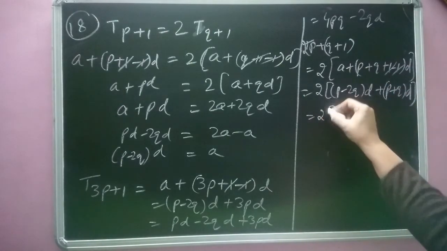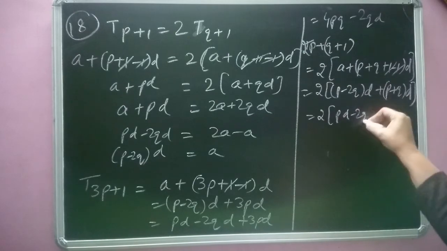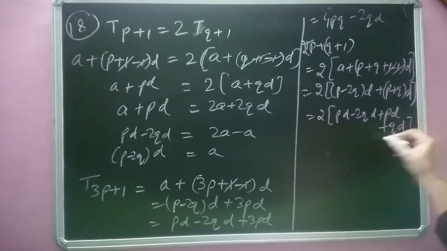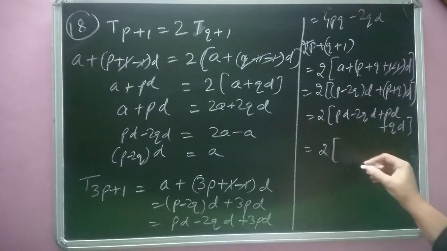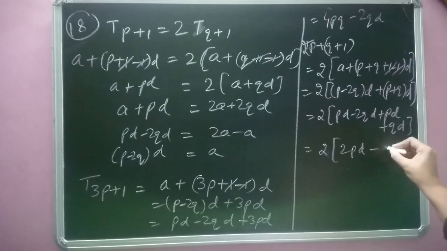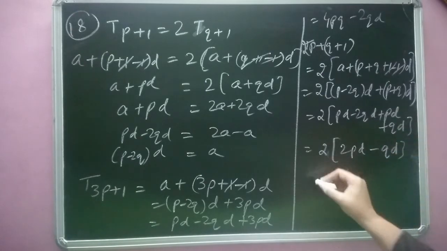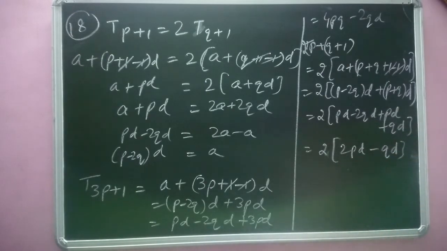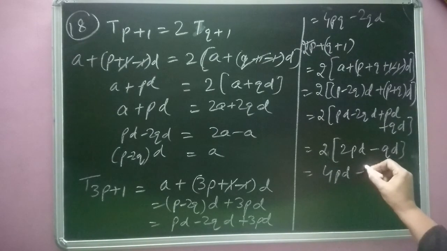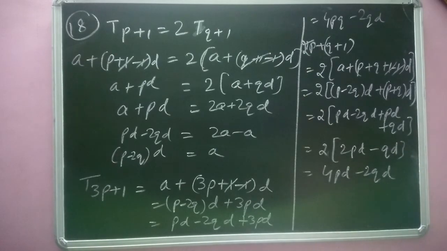Simplify it, you get pd minus 2qd plus pd plus qd. So pd plus pd becomes 2pd, minus 2qd plus qd becomes minus qd. Okay, simplify it. So 4pd minus 2qd. So we see that T(3p+1) is equal to twice of the (p plus q plus 1)th term.